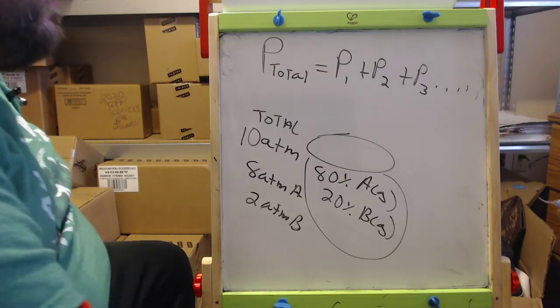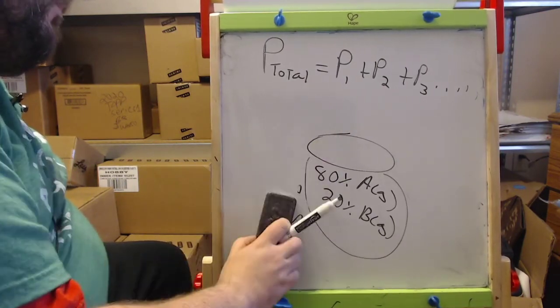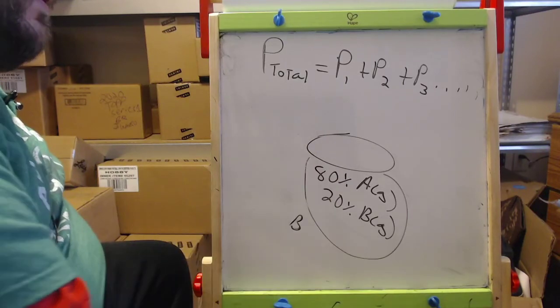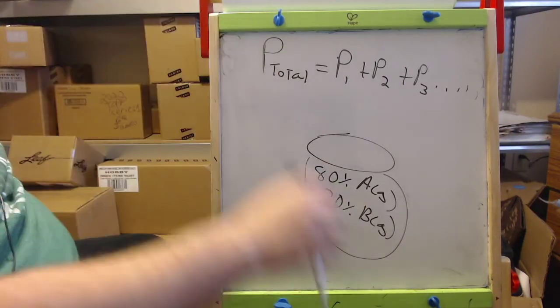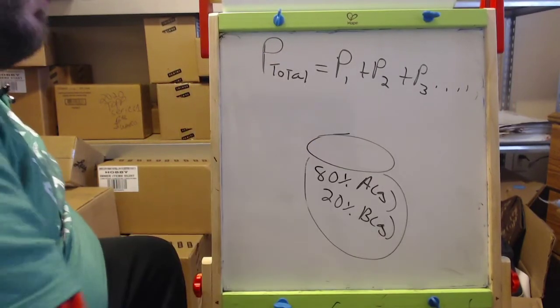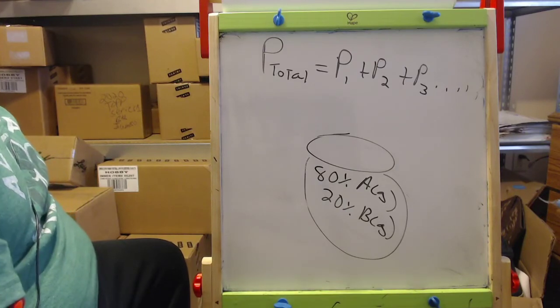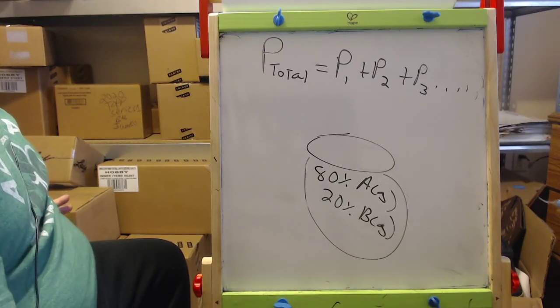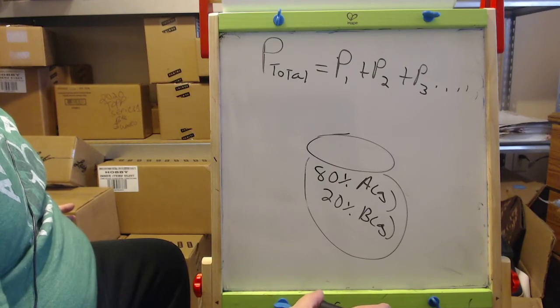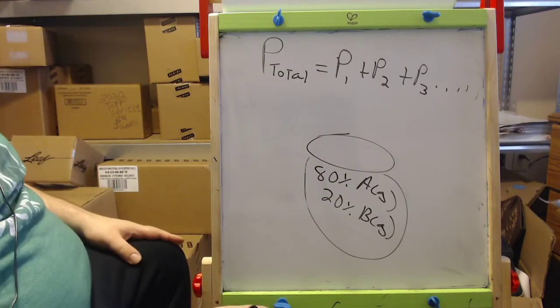Now, what if this said, I wanted to know, let's try this. And I want to point this out since they're interchangeable. The way Dalton figured this out was he basically said that humid air is dry air plus water vapor. If I take the water vapor out, I still have the same pressure of dry air. It's just that the water vapor adds pressure to the system.